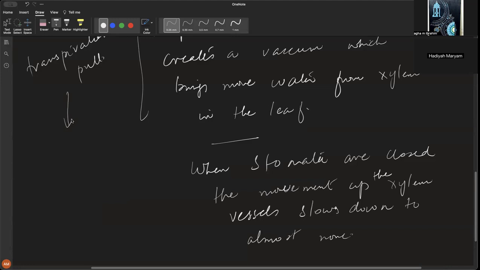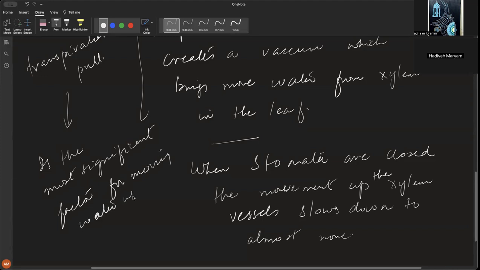And transpirational pull is the most significant factor for moving water up the vessel into the leaves. Okay, let me know when you have written this.